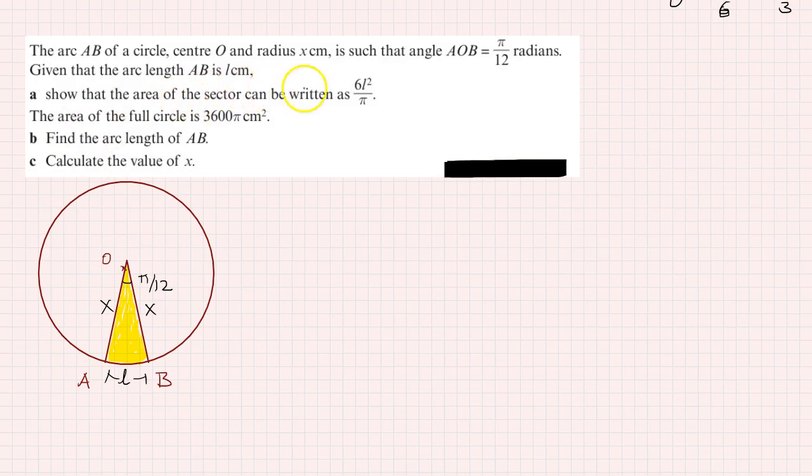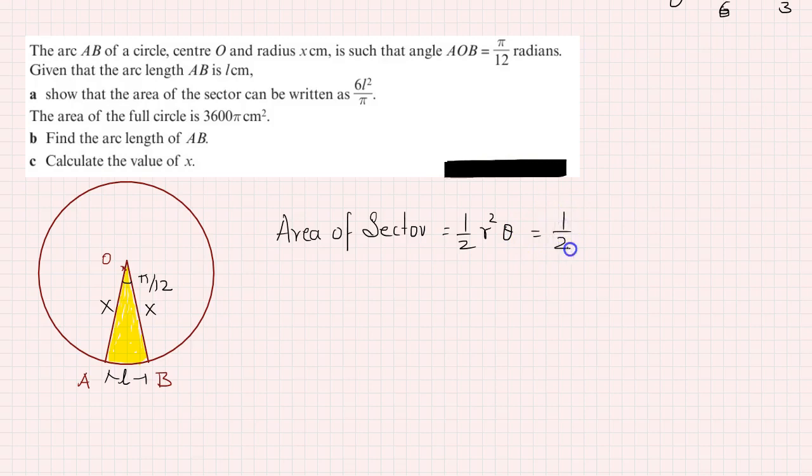Show that the area of the sector can be written as 6L squared over pi. Now for the area of the sector, we know our formula is half r squared theta.